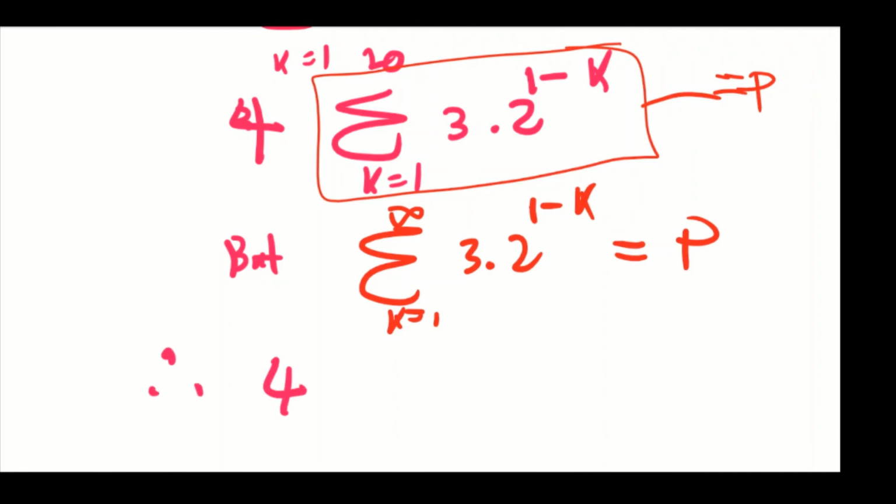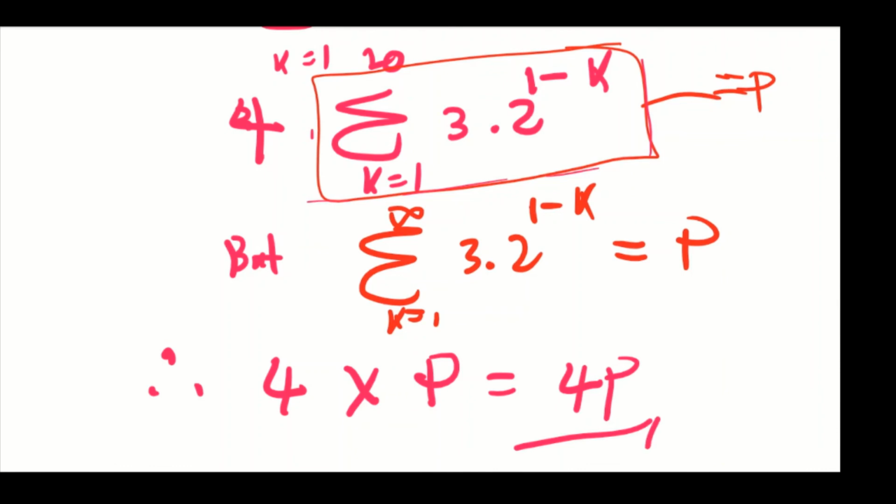Therefore 4 multiplied by p, so the entire thing is 4p. So that is your sum.